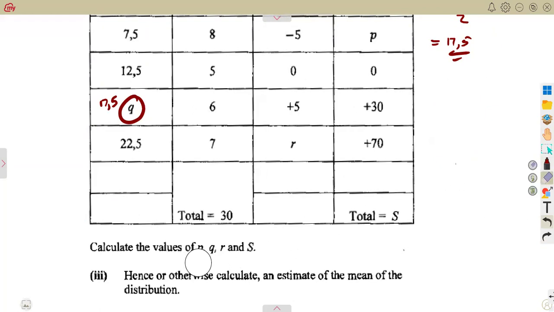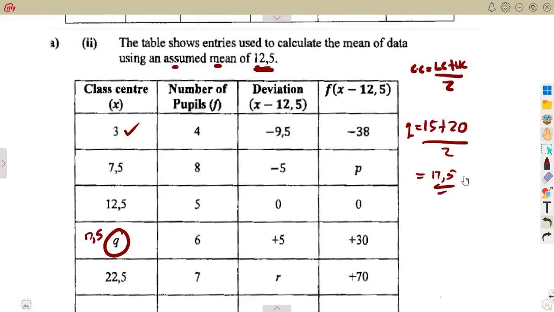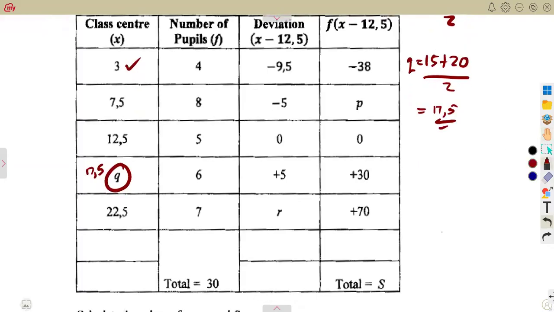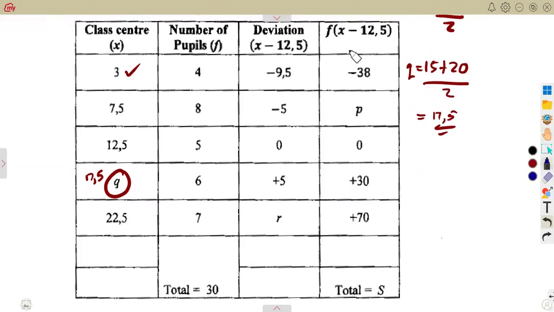All right, so let's consider another part. There's P here. What is P representing? Remember, according to your diagram, they are saying F into the bracket of X minus 12,5. It is the X for class center minus 12,5, which is the deviation.